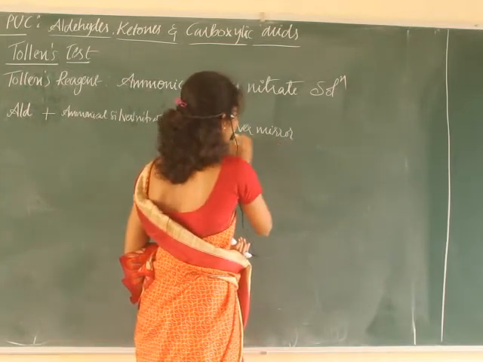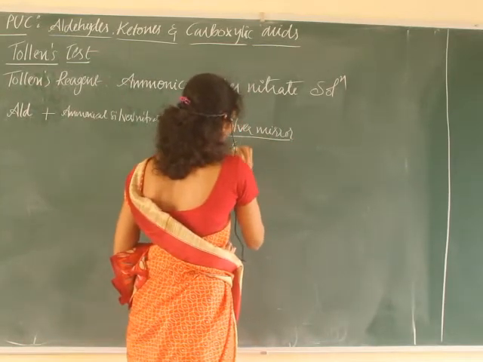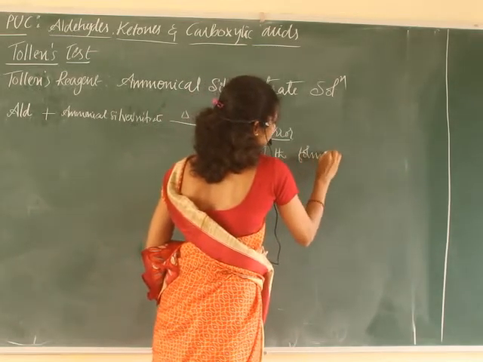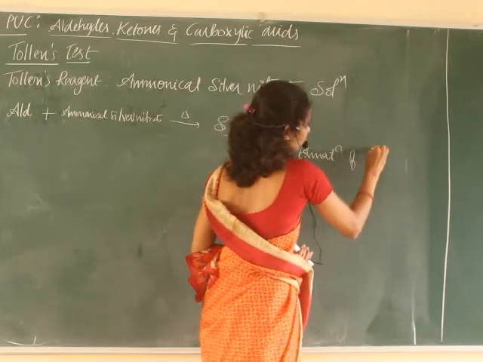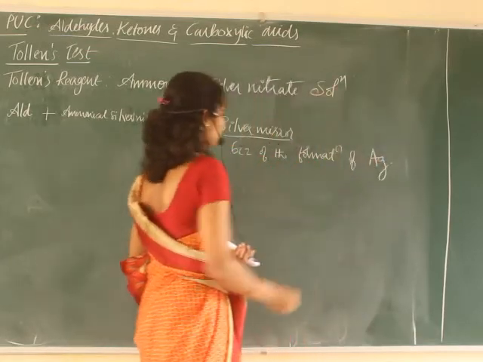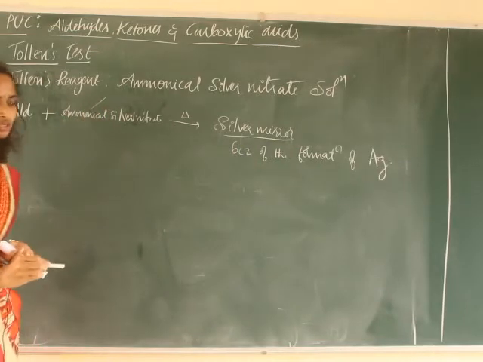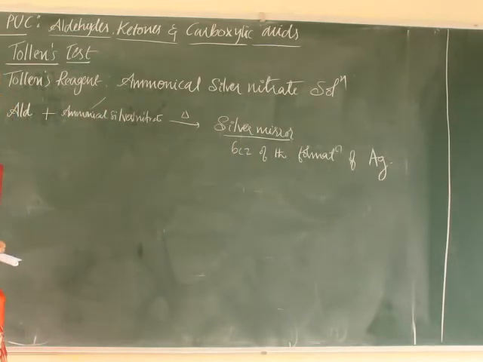This silver mirror formation takes place because of the formation of silver metal. After reaction of the aldehyde with ammoniacal silver nitrate solution, this results in the formation of silver metal.